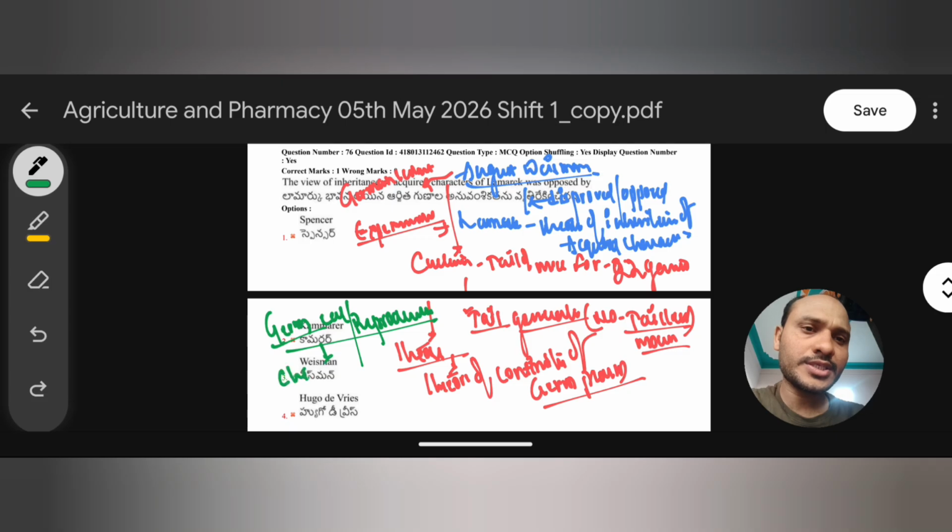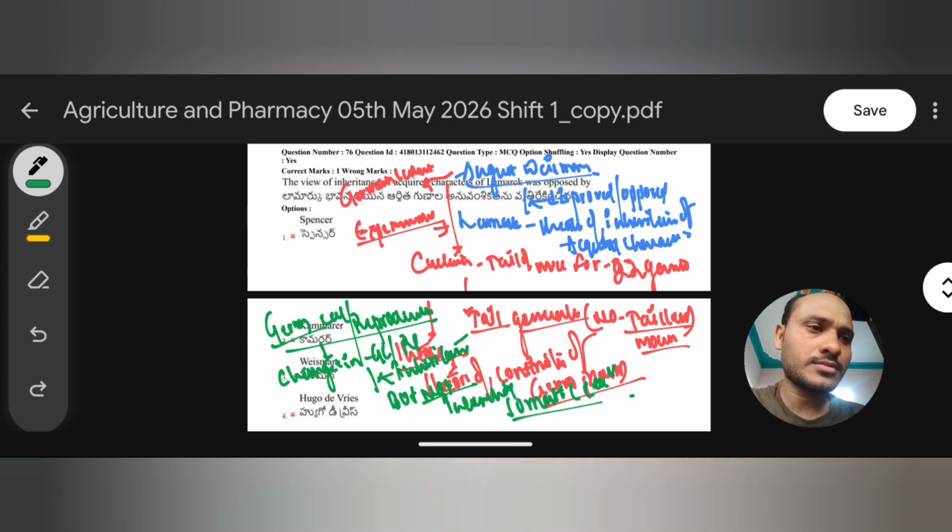He said that changes in germ cells or reproductive cells are inheritable, but changes in somatic cells are not inheritable. It means that if any changes occur in somatic cells, they are not inherited by the next generation; if any changes occur in germ cells, only those are inheritable. Here the tail is a somatic organ. If you cut the tail, that is not inheritable.